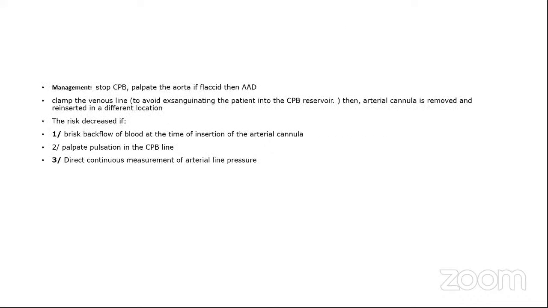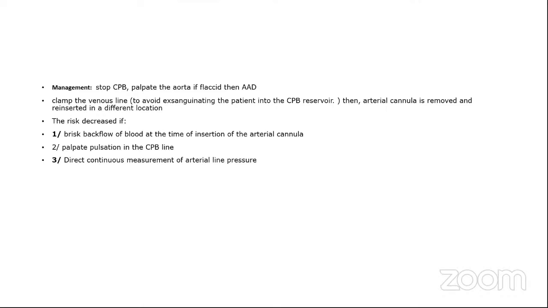So if we are suspecting, we have to stop the cardiopulmonary bypass and clamp, then palpate the aorta. If the aorta is flaccid, then we have acute aortic dissection.